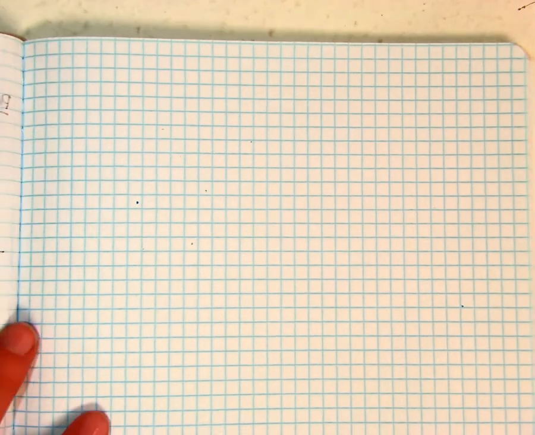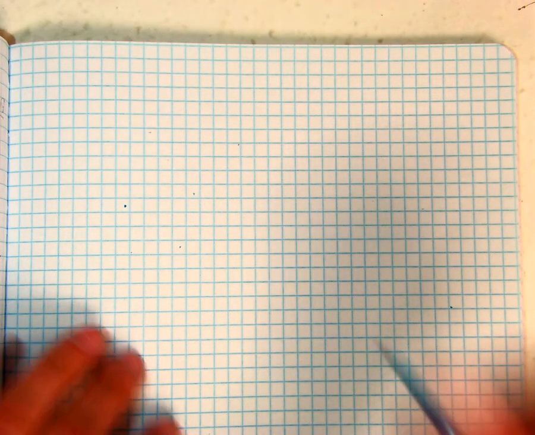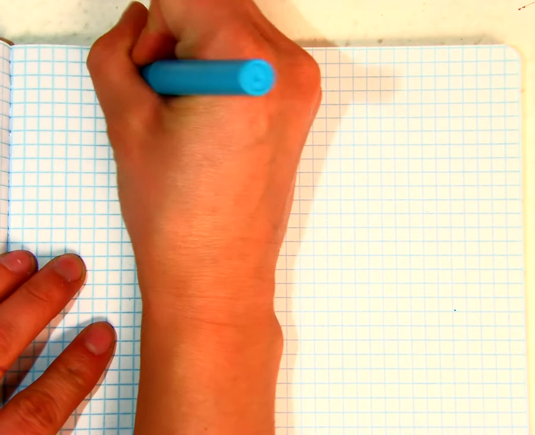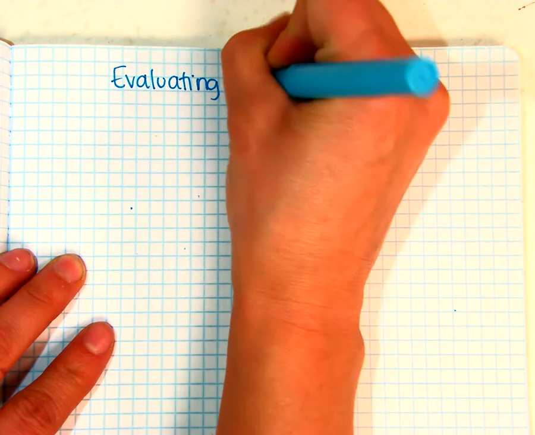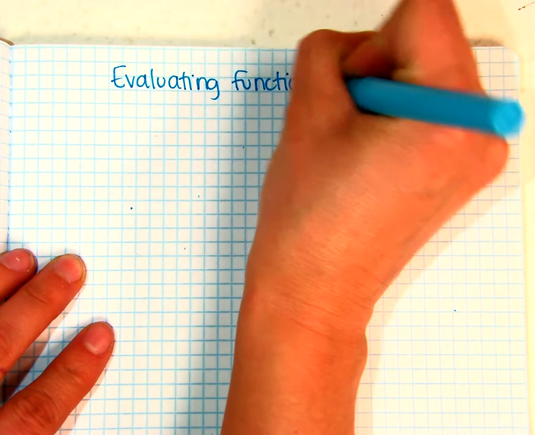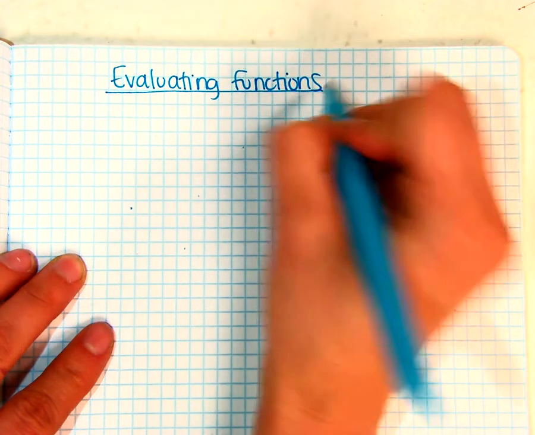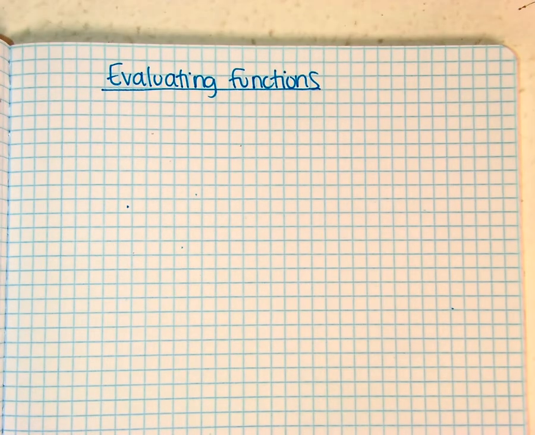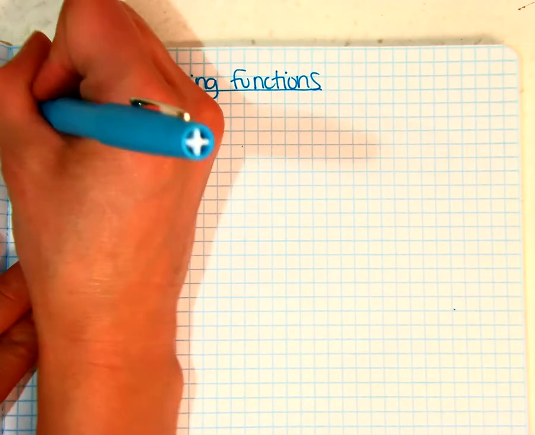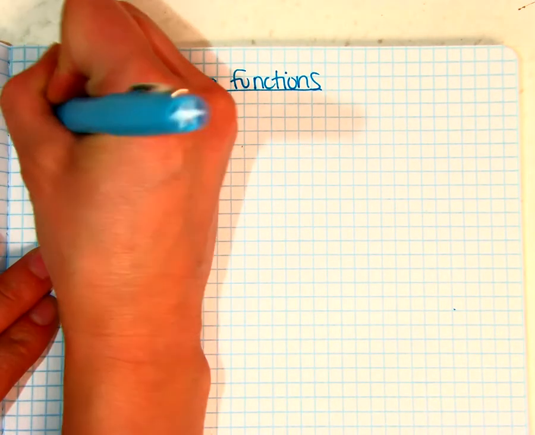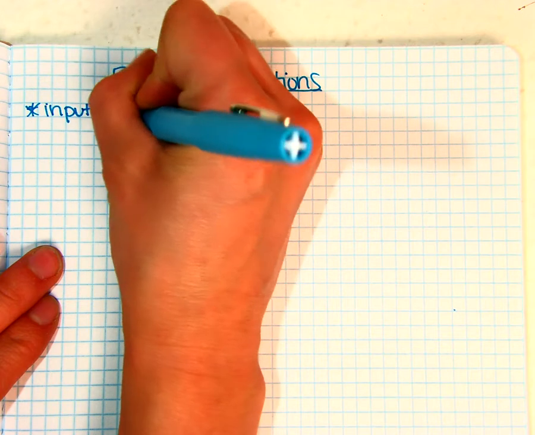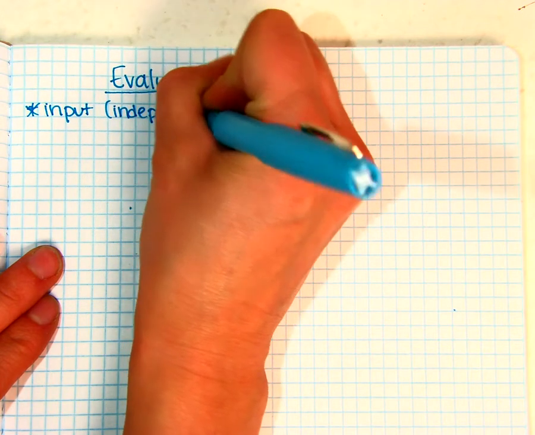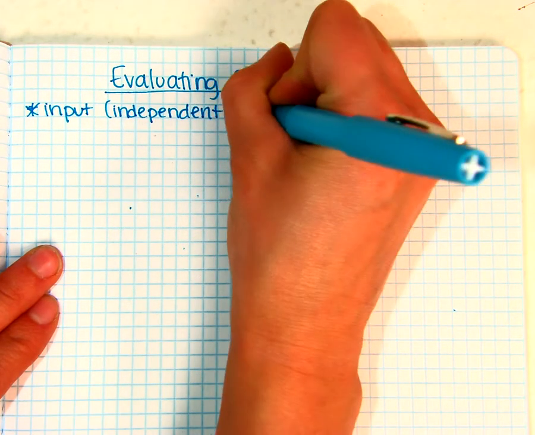Alright, so today we're going to talk about evaluating functions. Functions typically have two parts. They have the input, and this is sometimes called the independent variable.